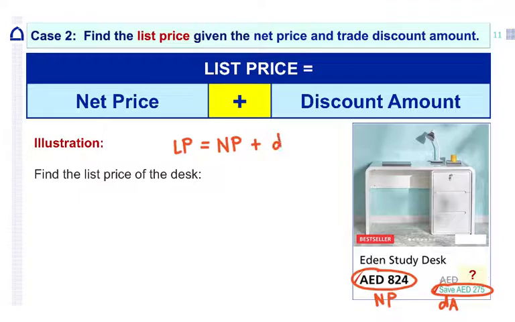Plus, if you add back the discount amount, that will give you the expensive price. So we can go ahead and plug into that formula. The net price was $824. The discount amount was $275. And that would tell us what the original list price was, which was 1099 dirhams.